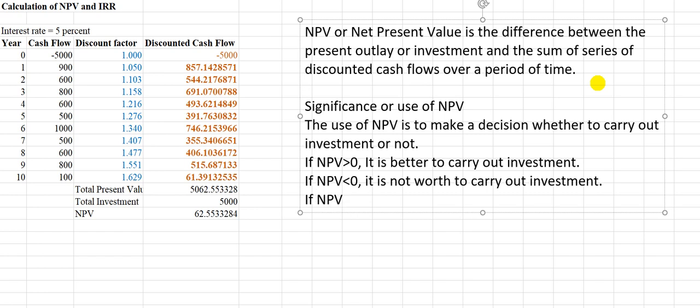If NPV equals 0, it depends upon the motive of investment.